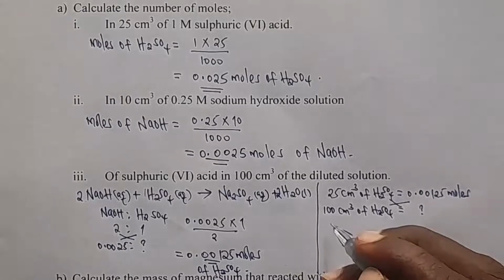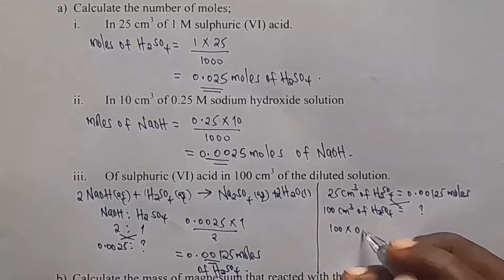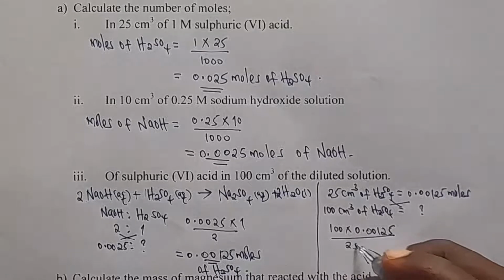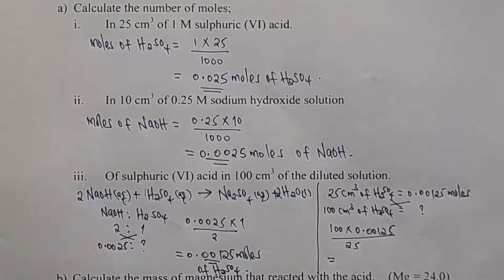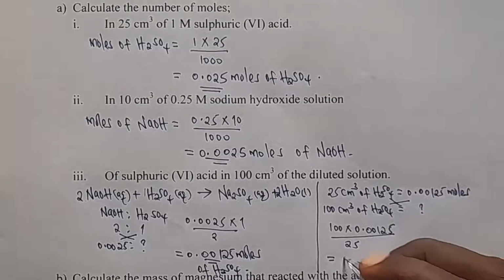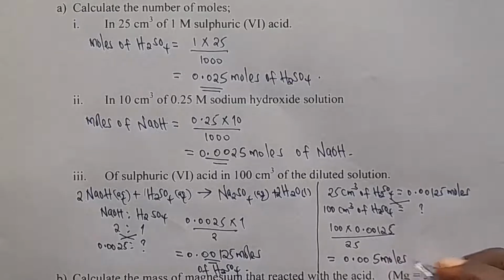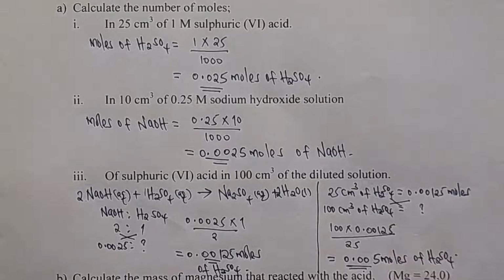We cross multiply. So we're going to have 100 times 0.00125 divided by 25. So here we are going to get 0.005 moles of sulfuric acid. So remember, learners, this is the number of moles of the excess sulfuric acid.